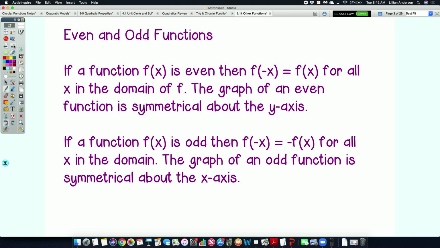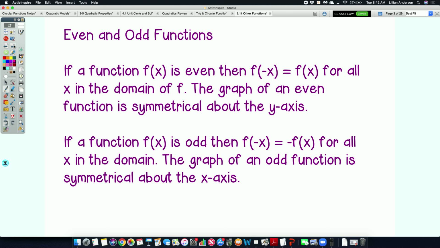Even and odd functions: if a function is even, it's when you plug in a negative x for every x into a function, and you get the original function f of x. If you do have an even function, that means it is symmetrical about the y-axis. Do y'all remember that?